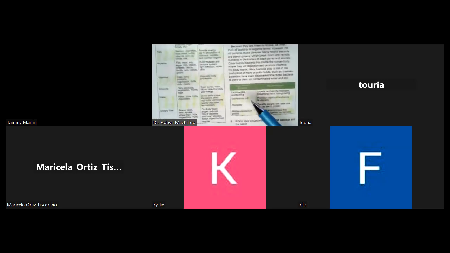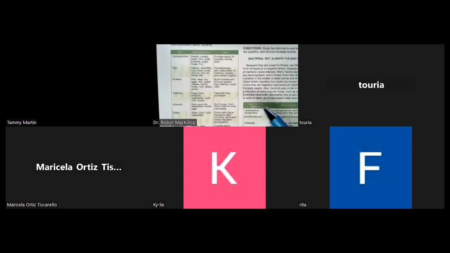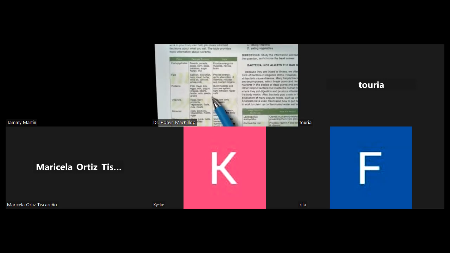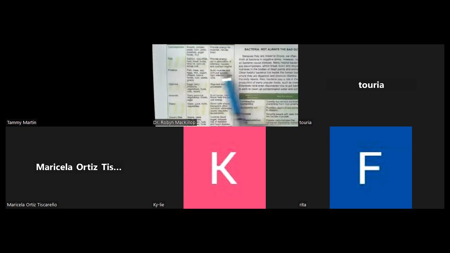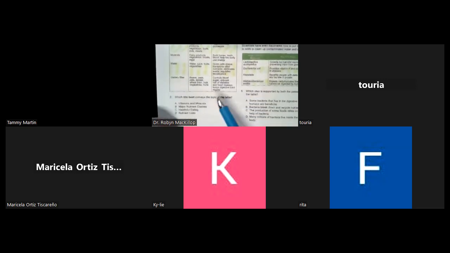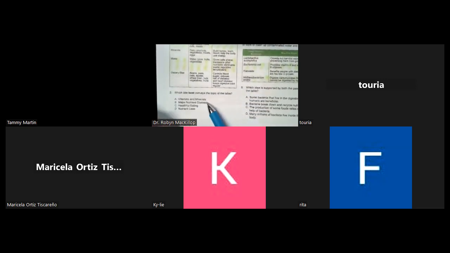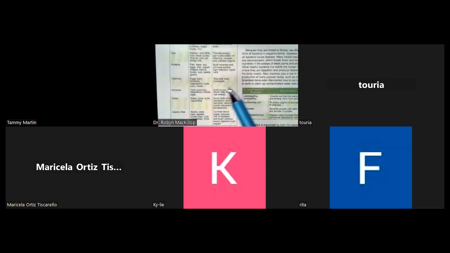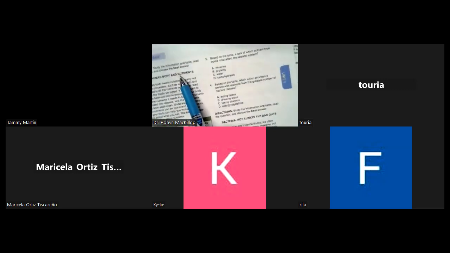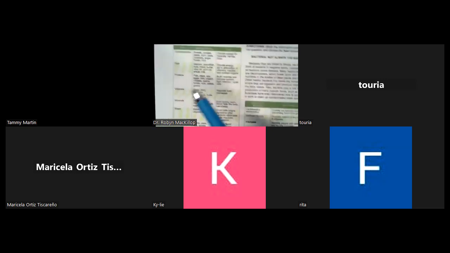All right, another really big table, the human body and nutrients. We've got a paragraph we're not going to read yet. We're not even going to read all this stuff in here until we know what they want. Which title best conveys the topic of the table? The title is the human body and nutrients.